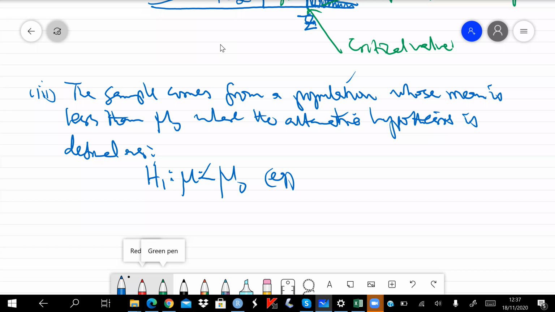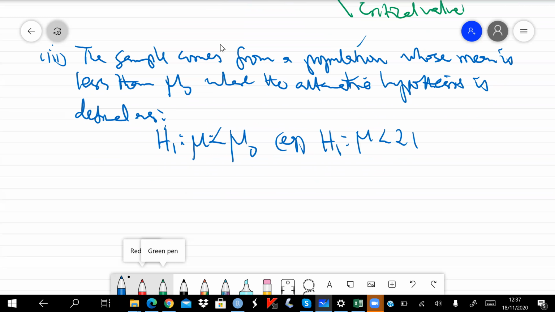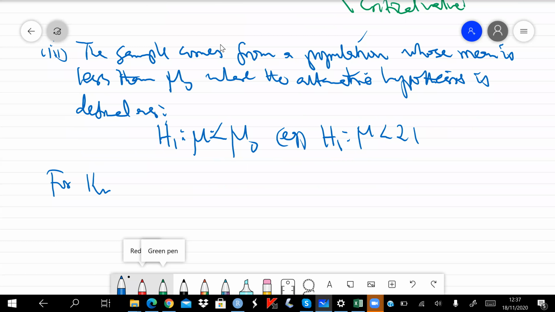For instance, we can have H1 such that mu is less than 21. And you say for this kind of alternative hypothesis, we put the entire critical region.